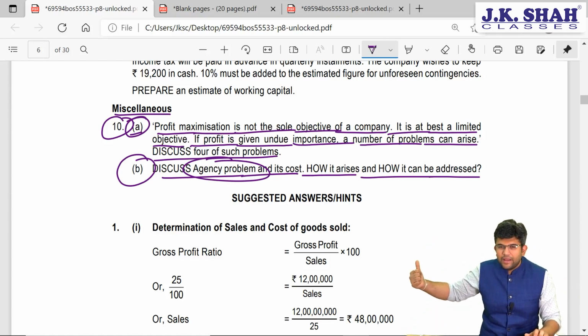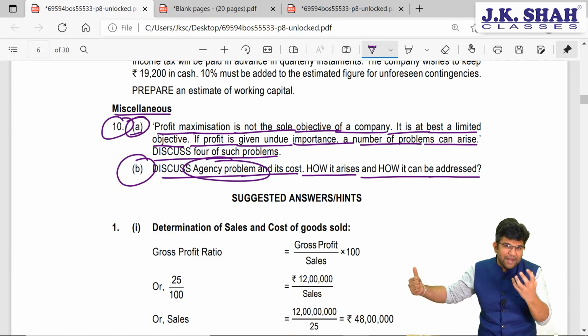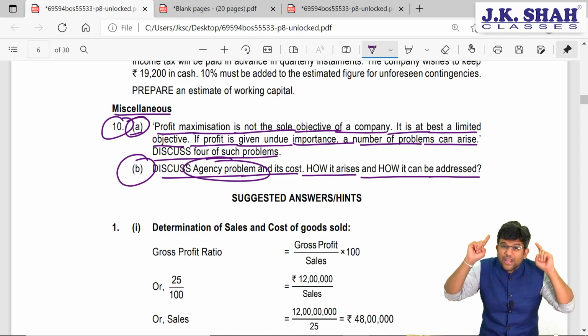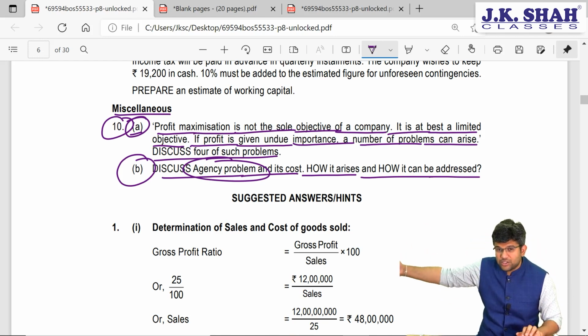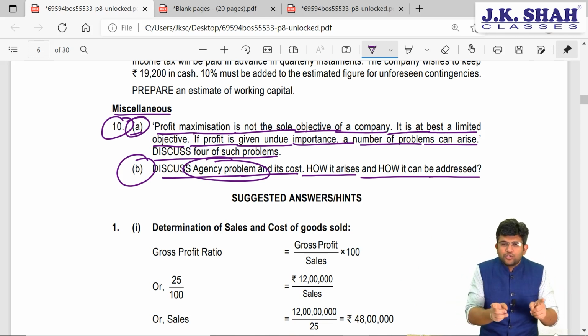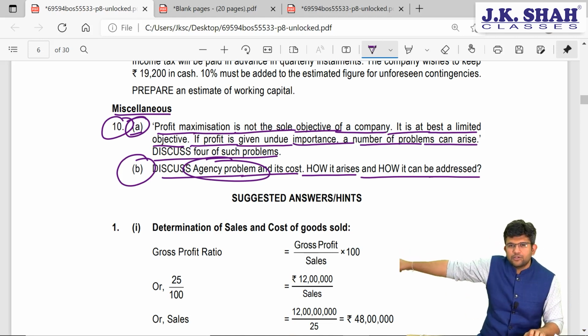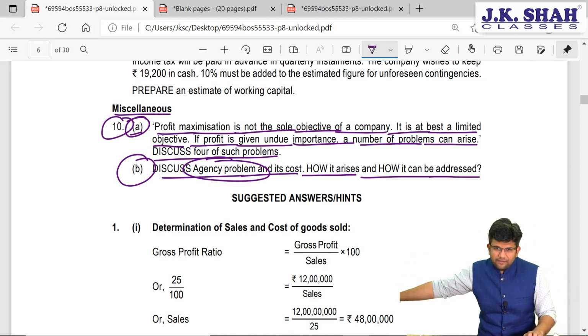Now children, in one sense, can you see that those managers are acting as agents of the shareholders, the owners, to run the company, and therefore the objectives of those managers should be aligned with the objectives of the owners, the shareholders, that is to maximize their wealth.